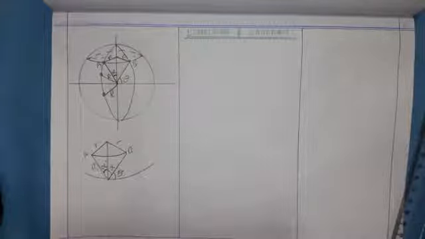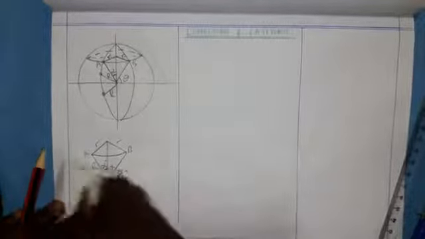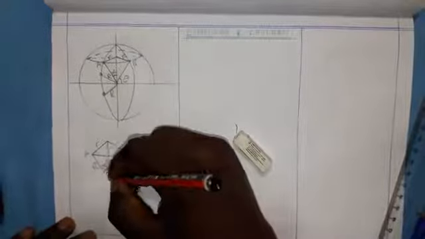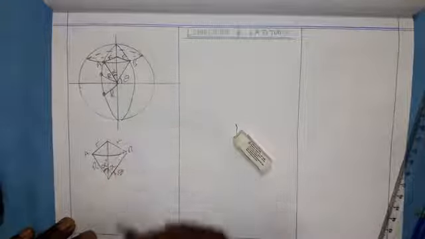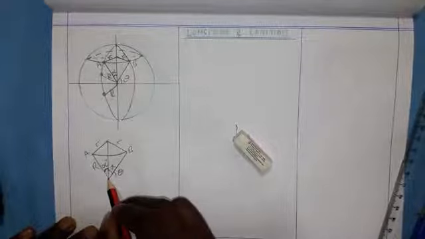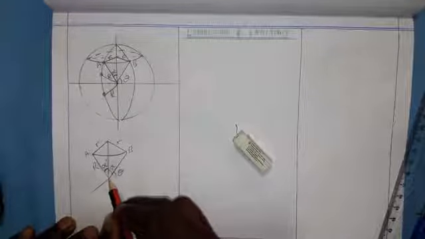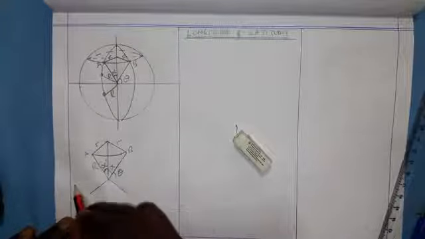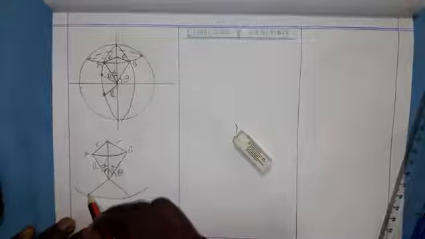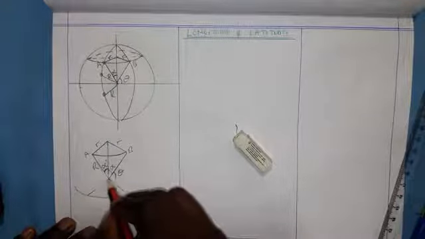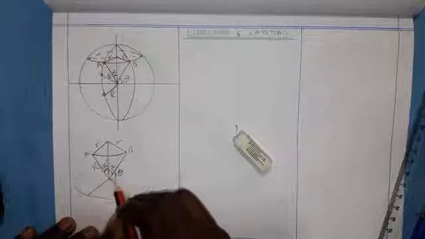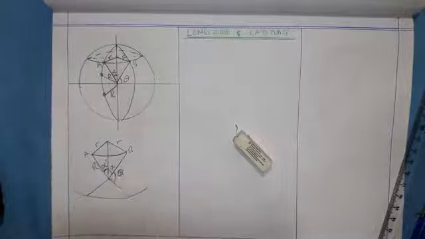Okay? Sorry for this line, it's not the way it's supposed to be. So this line is somewhere also in between here. This one being the center of the earth. So we have that particular angle.